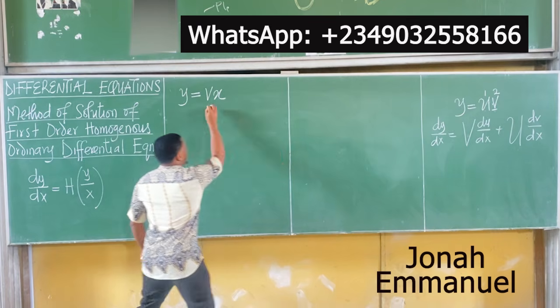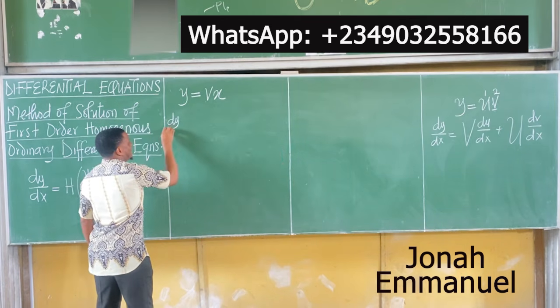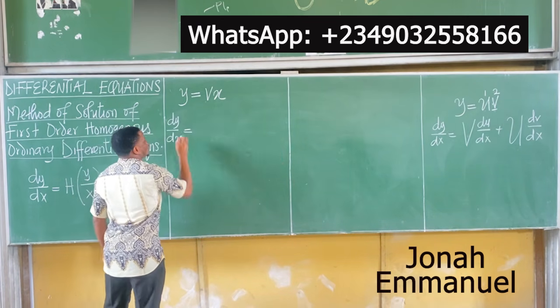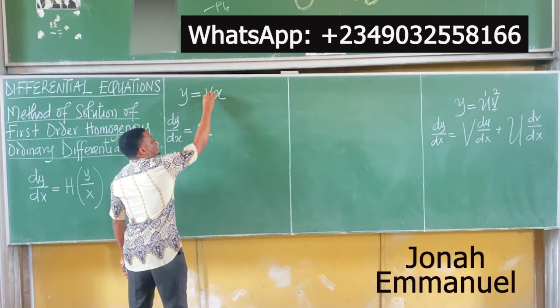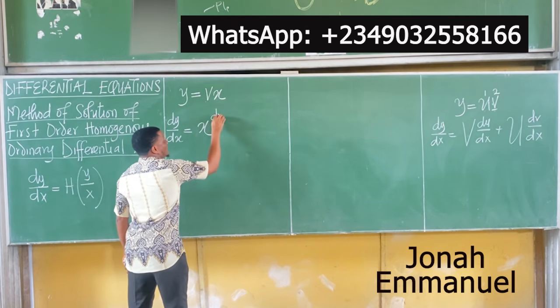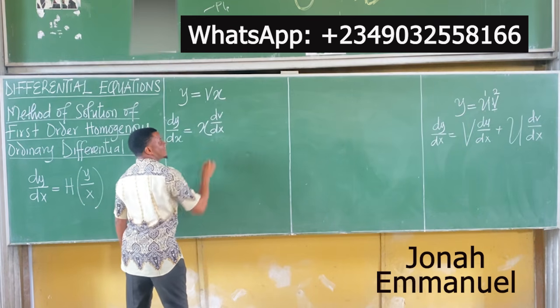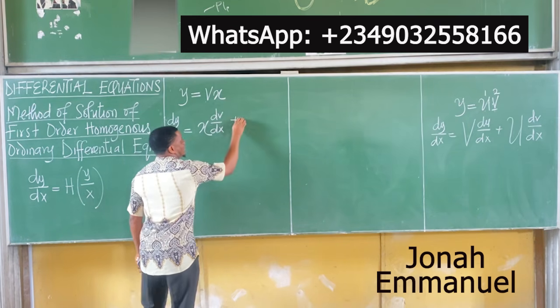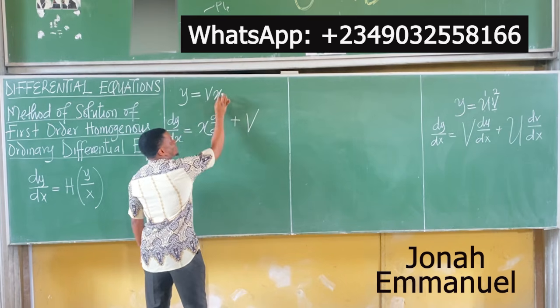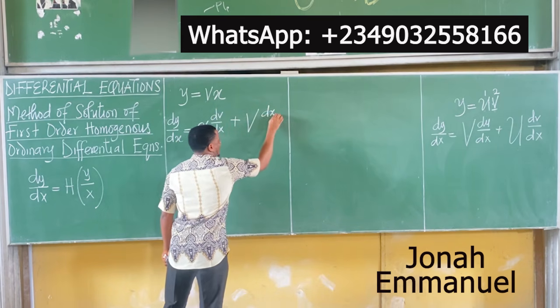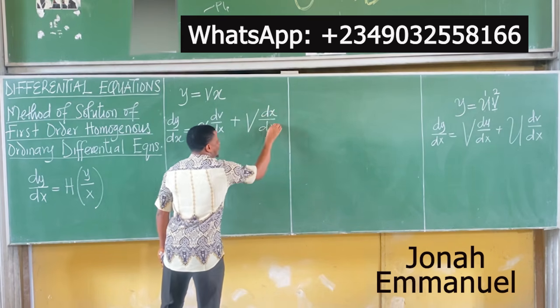Now bring it here. From here, we'll have that dy/dx is equal to, keep this one constant, that's x, differentiate v with respect to x gives you dv/dx. So you have this. Of course, plus, next up, keep v constant, differentiate x with respect to x gives you dx/dx. All right?